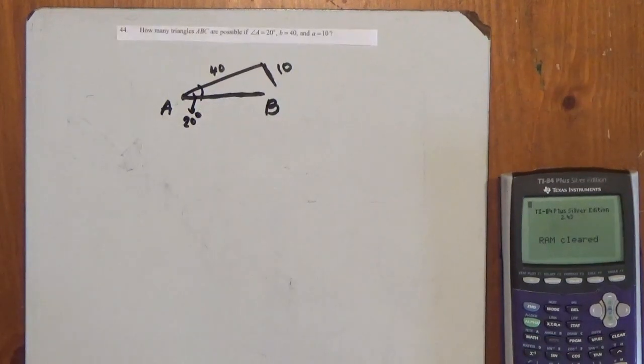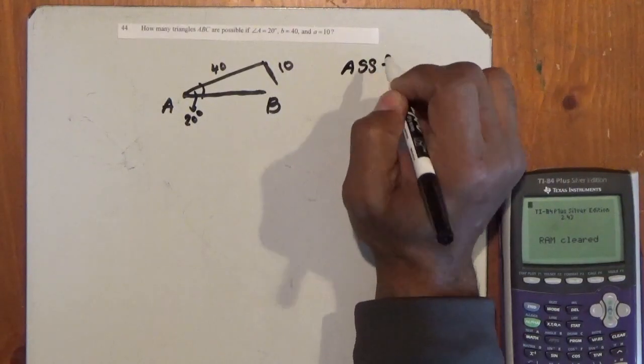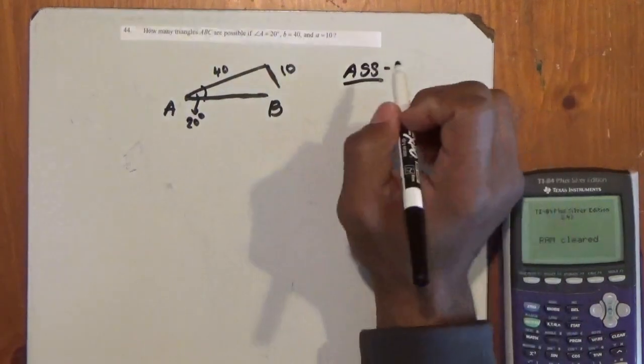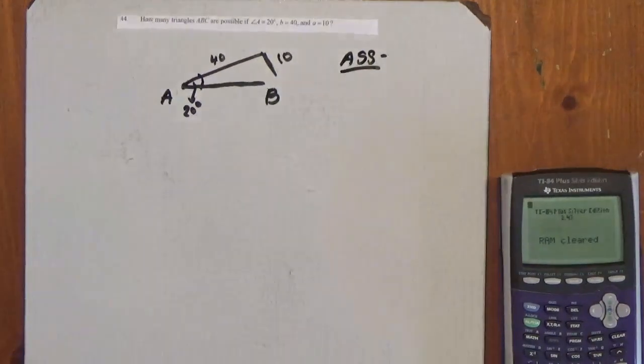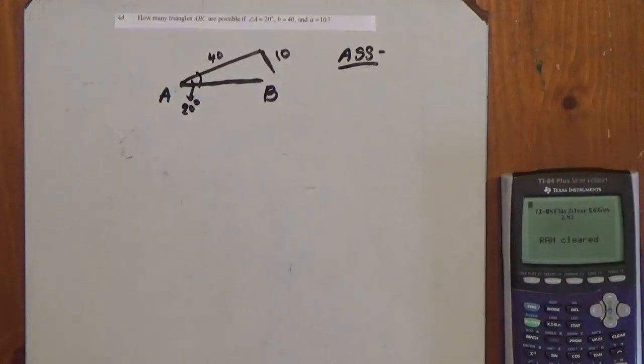In this case, we have an angle and a side. Anytime we have angle side, we're not sure. When you see angle side, we need to figure out the height.